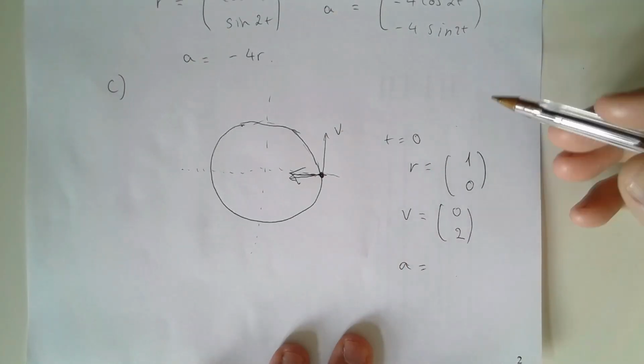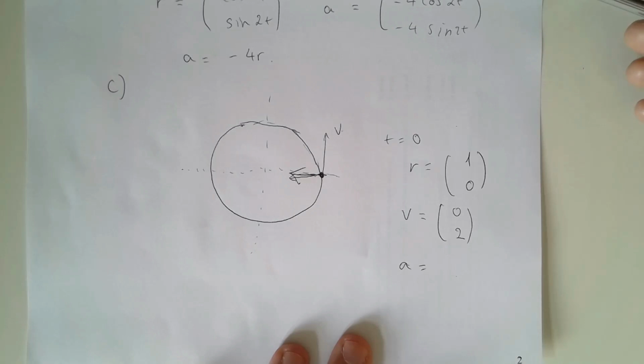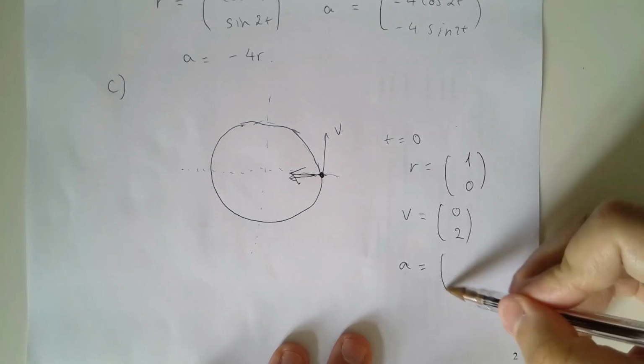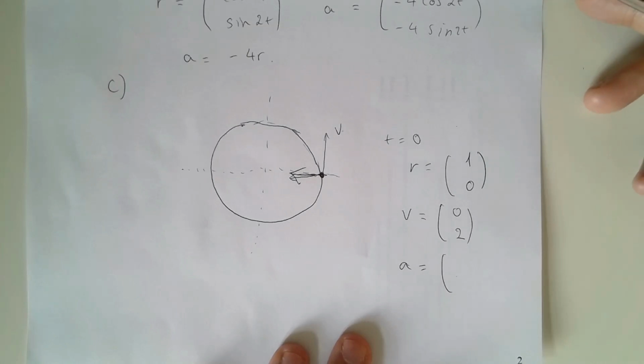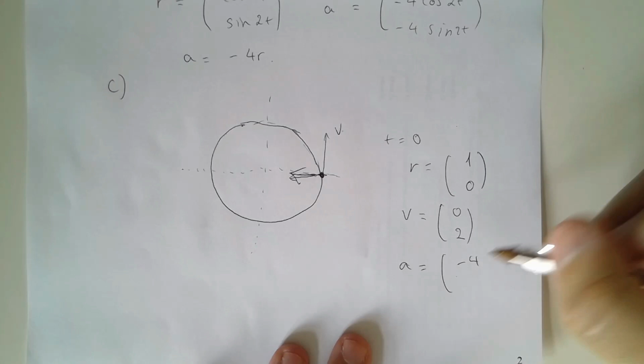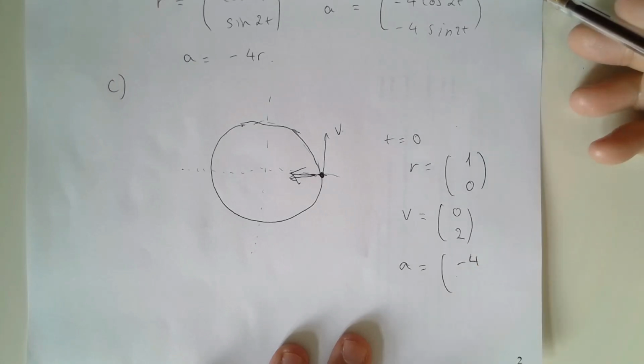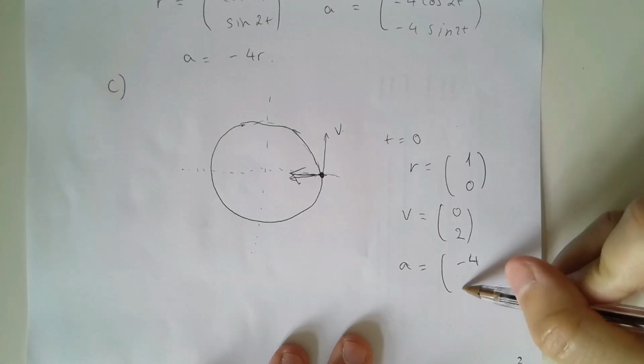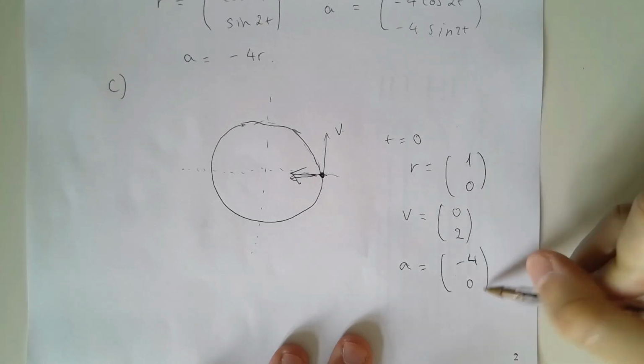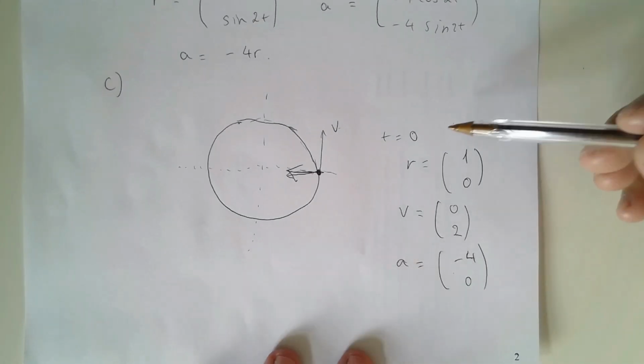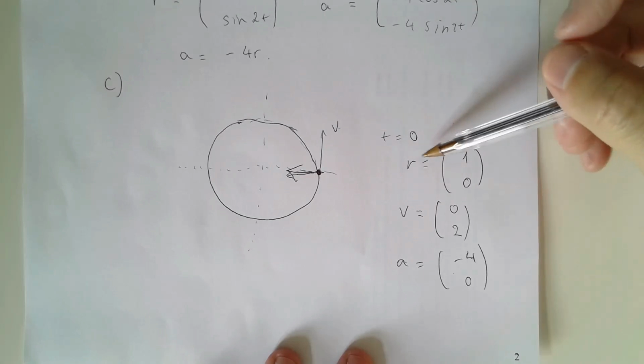Look at the a equation, not formula, equation. We worked it out in part A, and you can see what a equals, substituting t equals 0 in there: cos 0 equals 1 times minus 4, and then sin 0 equals 0, so 0 times minus 4 equals 0. Now you can see that the displacement is 0, 1.